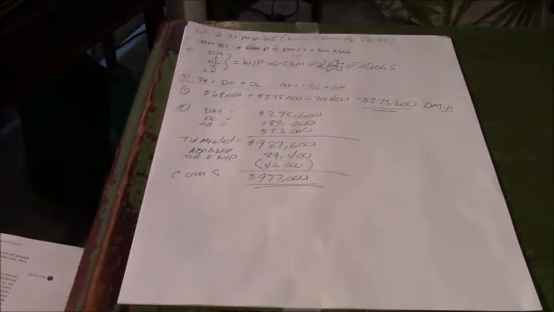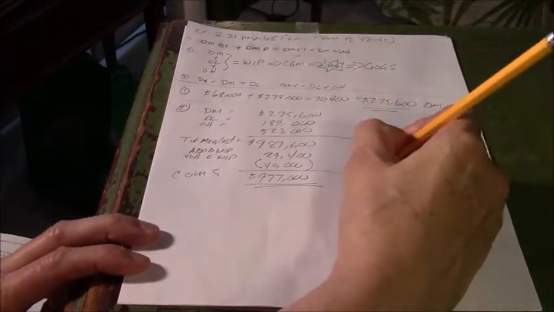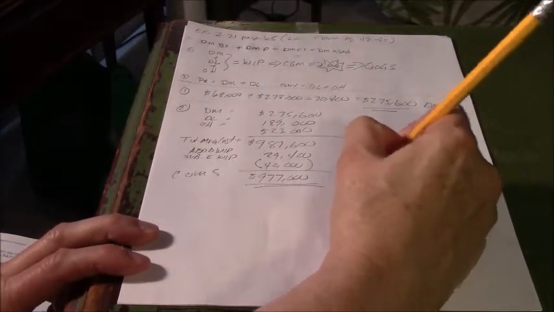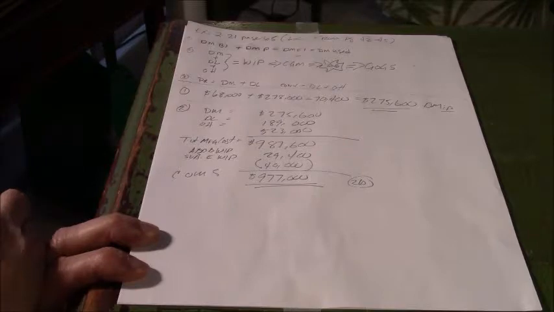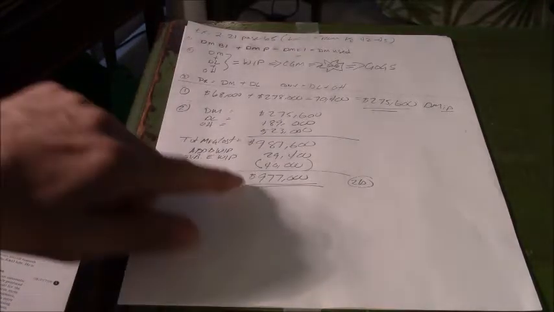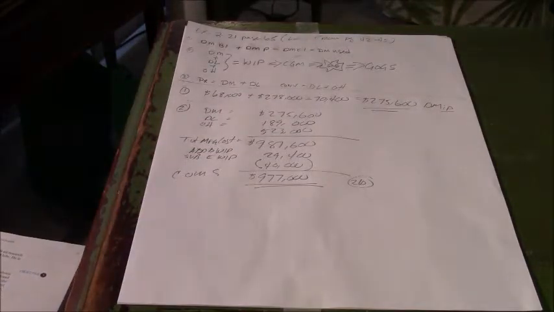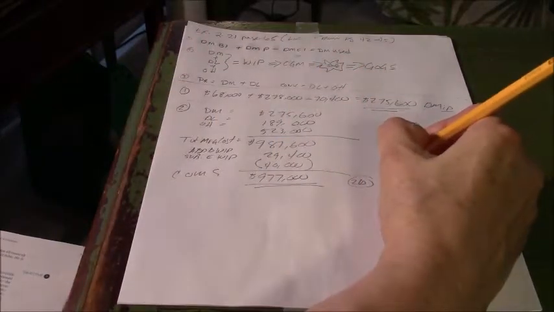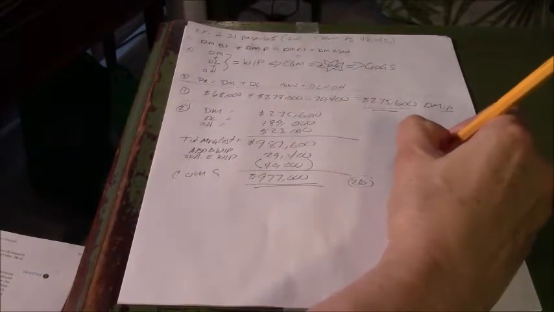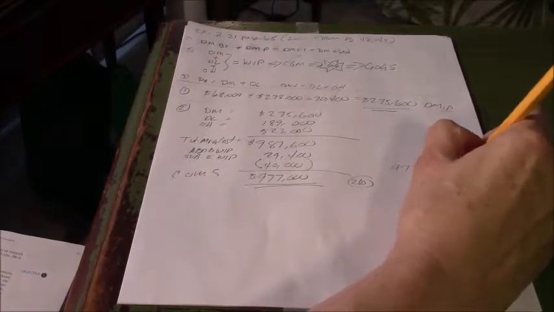All right, then the second part of part 2, I guess I'd call this part B, 2B, is, well, what's the unit cost? Well, divide that by the number of units. And they tell us during the year 100,000 units were completed. So you take that 977,000, divide it by 100,000.